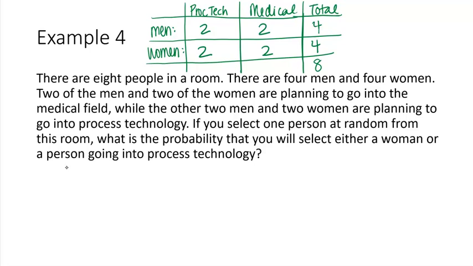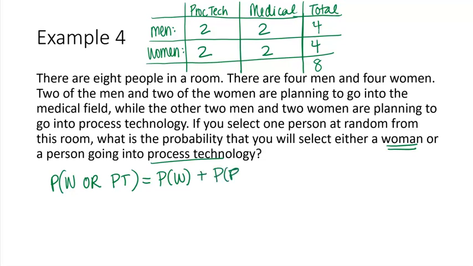Now it says if you select one person at random, what's the probability of selecting a woman? I'm going to use W, or someone going into process technology. I'm going to use PT for that. So the or probability says take your women, add that to your process technologies.